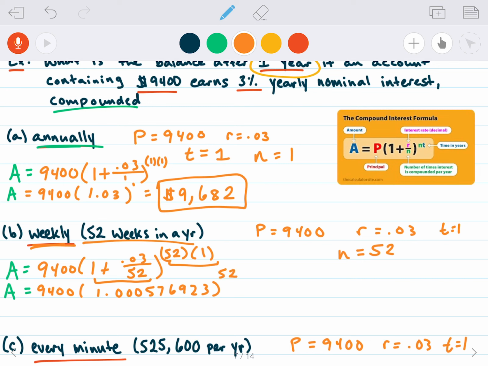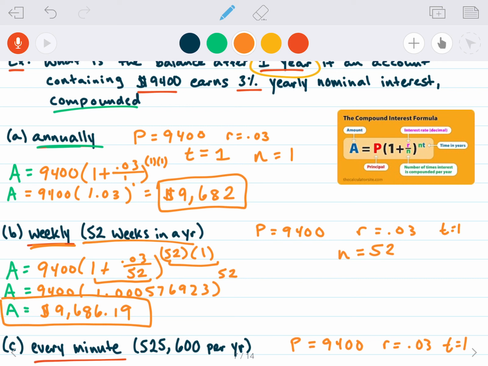So if I raise this to the 52 power and multiply by 9400, again using PEMDAS, parentheses, exponents, then multiplication, I get $9,686.19. So that is going to be my ending balance if I compound every week.